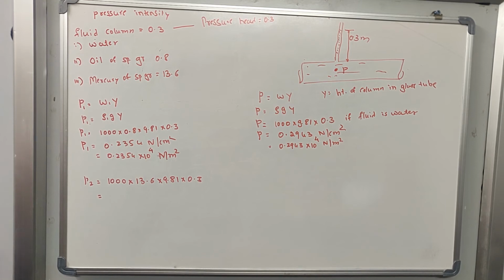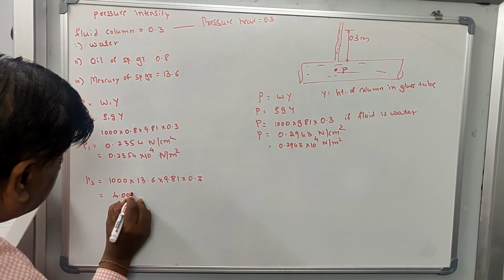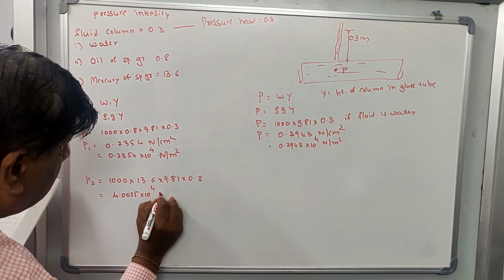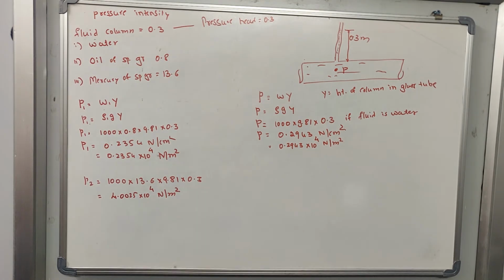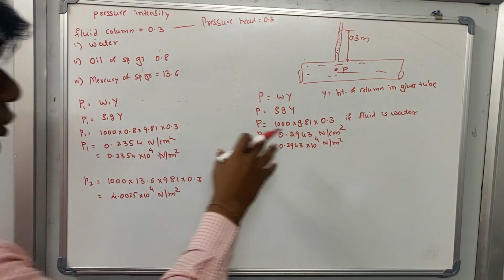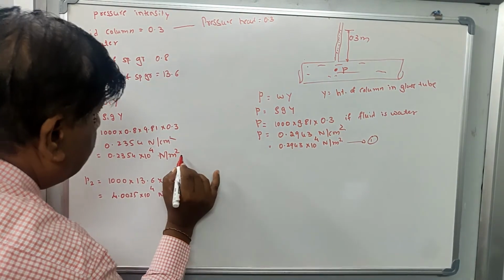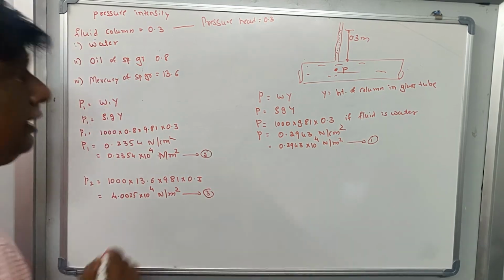So here we are getting 4.0025 into 10 raised to 4 Newton per meter square. Observe all these three values. This is equation 1, this is equation 2, it is equation 3.